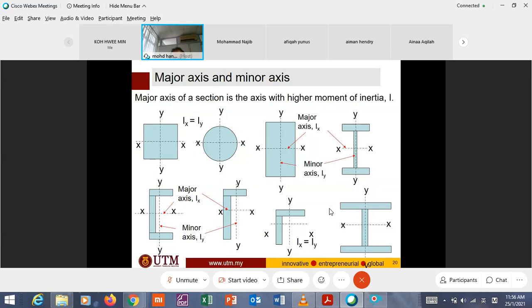Before we go to the example, we look at what is axis and what is moment of inertia. We have done moment of inertia in first year. And we also have done what is major axis and what is minor axis. Okay.